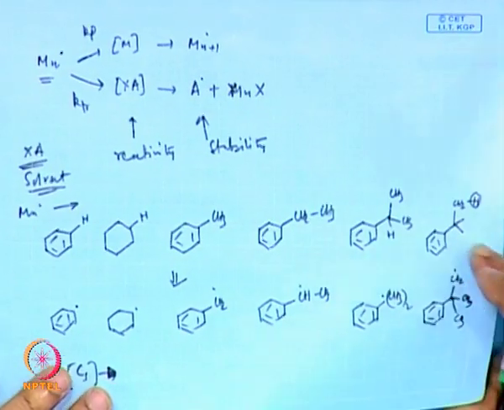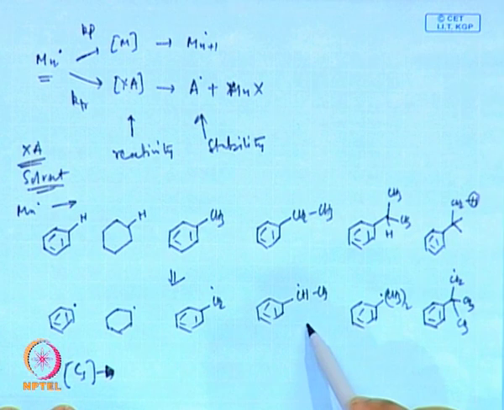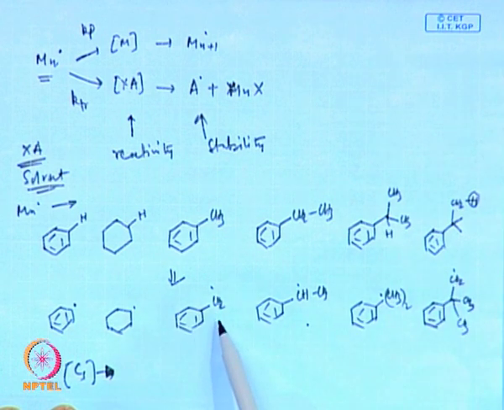You will know that this is the most stable radical, then this secondary radical, then this one, then this, and in this case because again this is a primary radical, this stability would be similar to the stability of this radical.